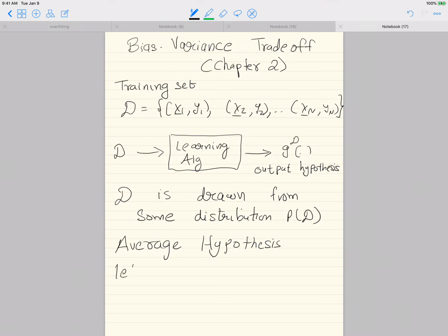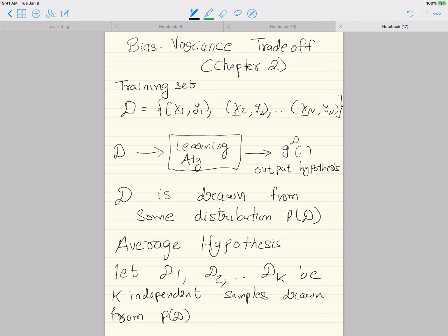So let D1, D2, up to Dk be k independent samples drawn from the distribution P of D. So this could be the data you collect in the first week.